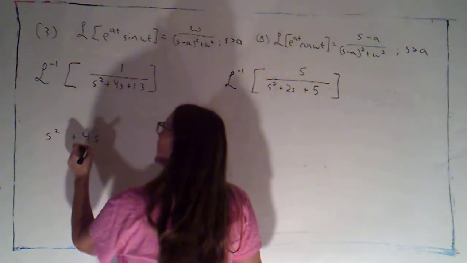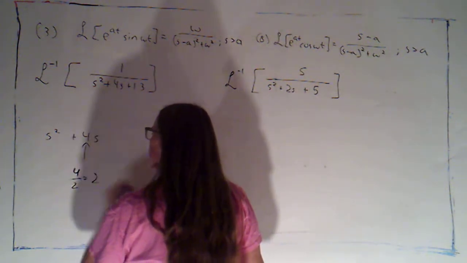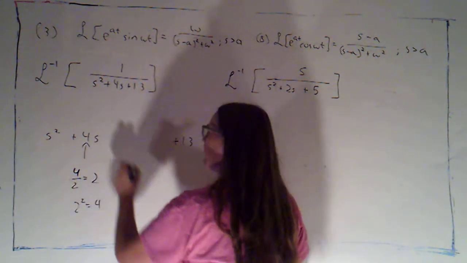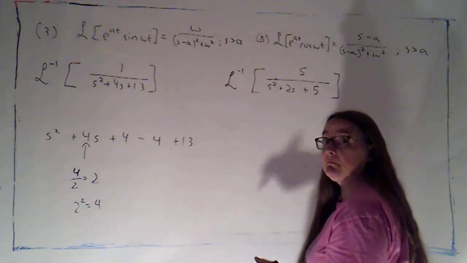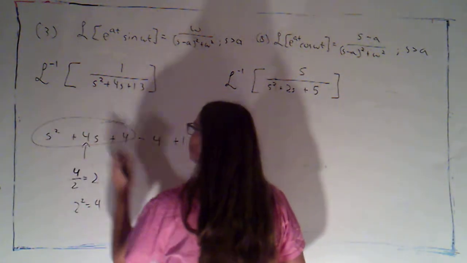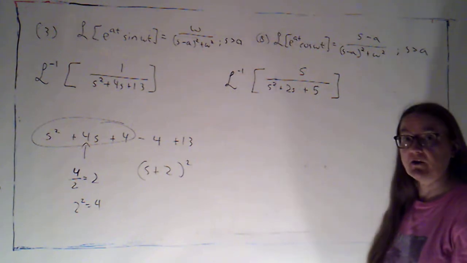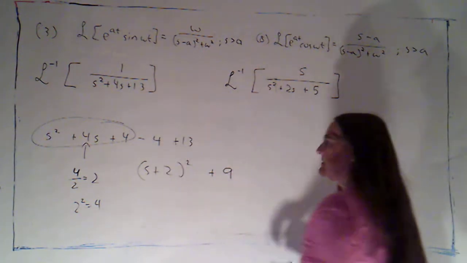Okay, but what I would do is take that 4, divide it by 2, so I would get 2, square that, and that would be 4, so I'm going to add 4 and then subtract 4. That way, I'm just adding 0, okay? But now, these pieces are s plus 2 quantity squared, okay? And then this is just plus 9.